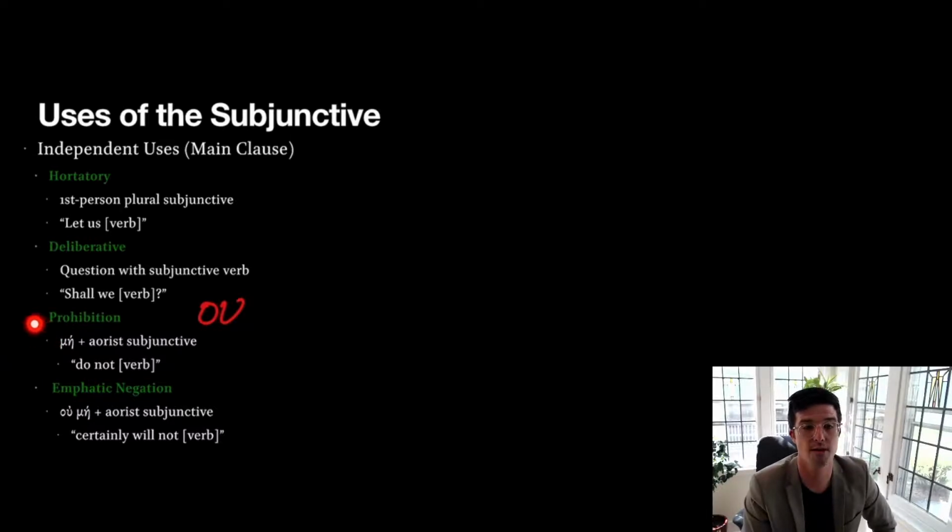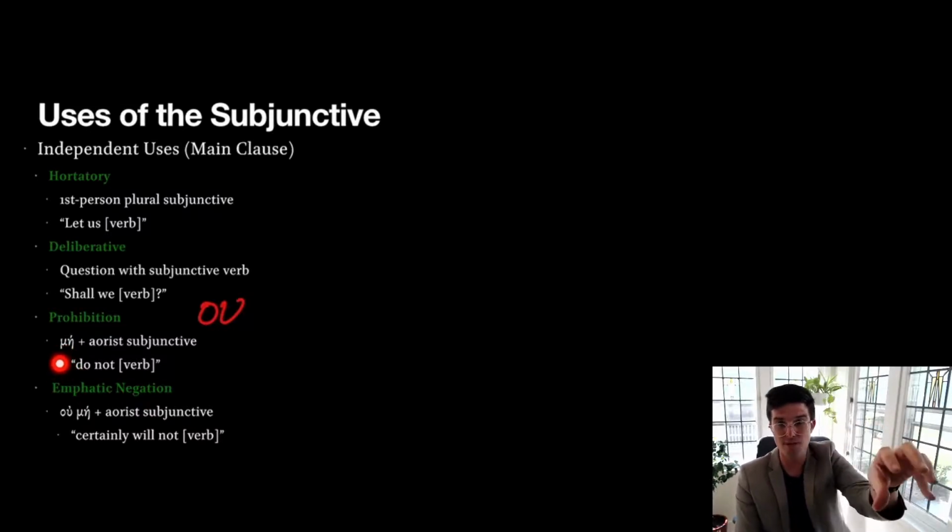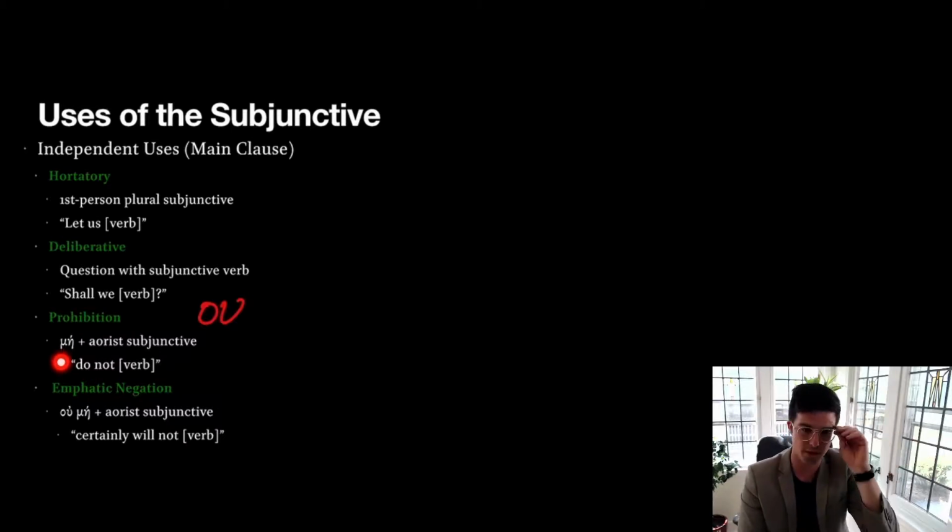So that's what we have here with this subjunctive of prohibition. If you want to make a negative command in Greek, one of the main ways to do that is to use mē, that negative particle, with a form of the aorist subjunctive to command "do not verb." And notice how that's sort of future oriented. Do not do this action in the future.